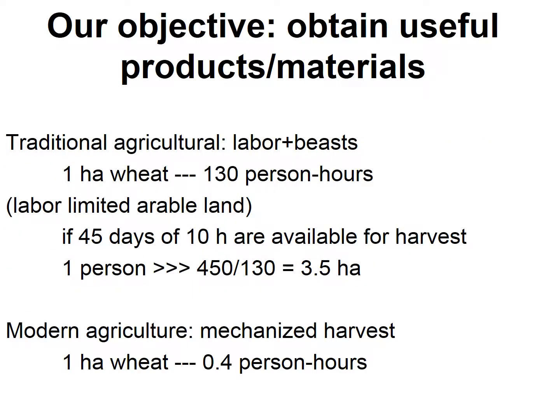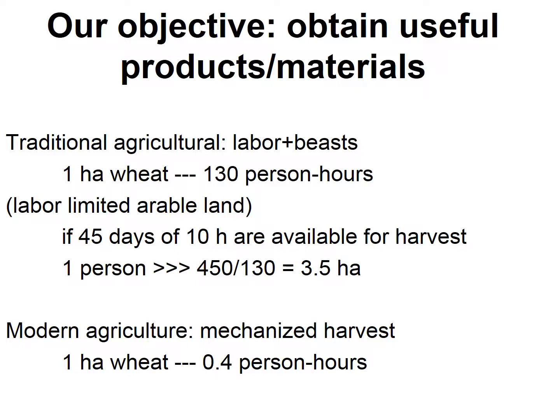The objective of harvest is to obtain useful products or materials. It is the final stage of the crop cycle, and it is the main objective of agriculture. In traditional agriculture, harvest was performed using labor with the help of beasts of burden.